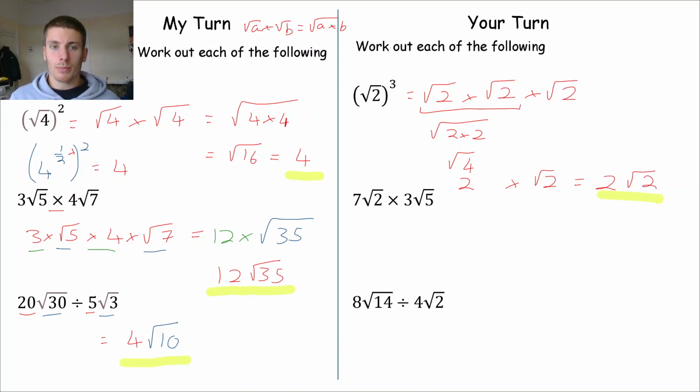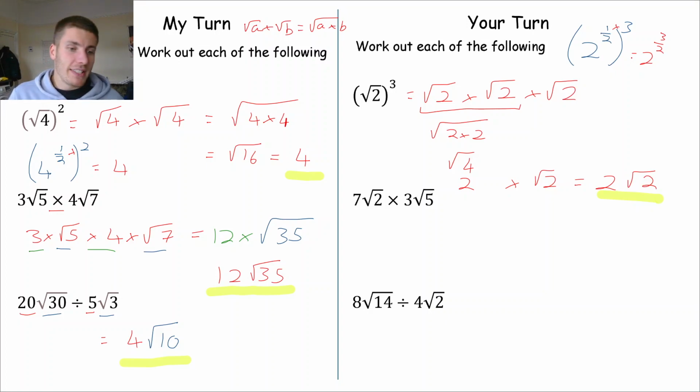Good. Again, you could have considered it in terms of indices if you wanted to. Root 2 is the same thing as 2 to the power of a half, and then you're putting it all to the power of 3. Again, laws of indices, the power law, you can times those together to give you 2 to the power of 3 over 2, which is the same thing.